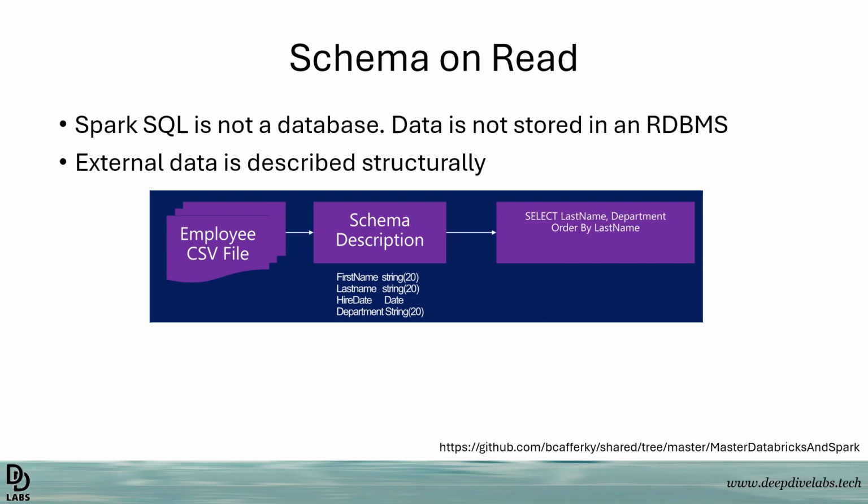You can just say, in this case, if you have an employee CSV file which has 4 columns, first name, last name, hire date, and department. If we mention the schema while reading the CSV file, then you can do this amazing thing of querying the file itself.